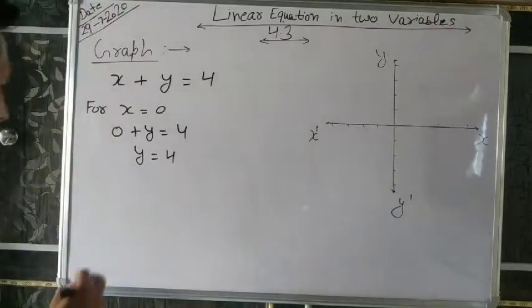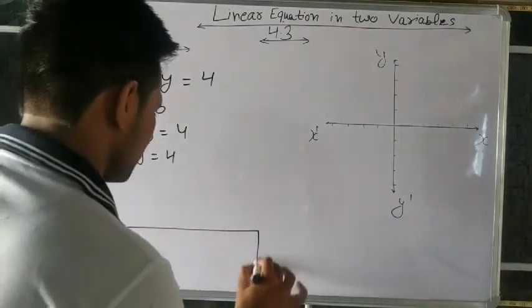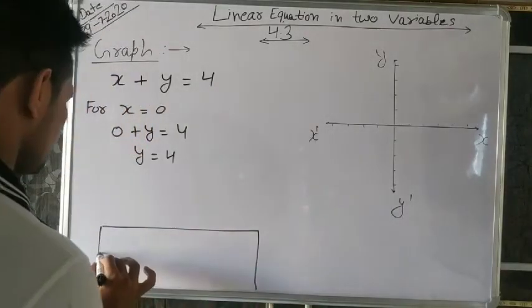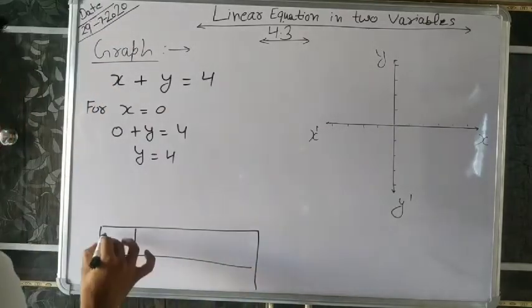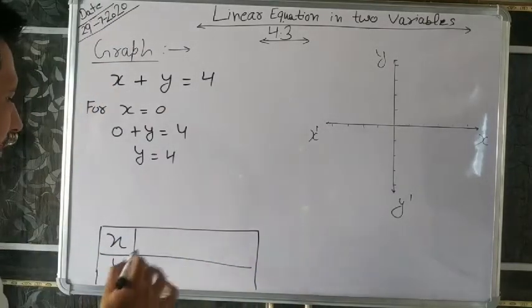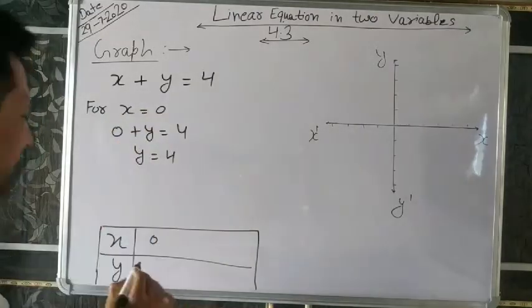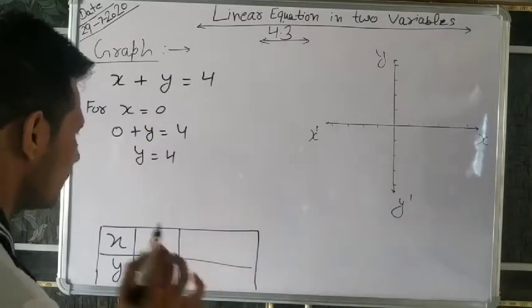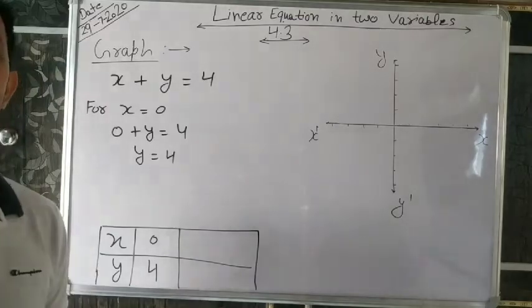So you can make a table: x, y. When x is 0, y is 4. Second time, what will we do?